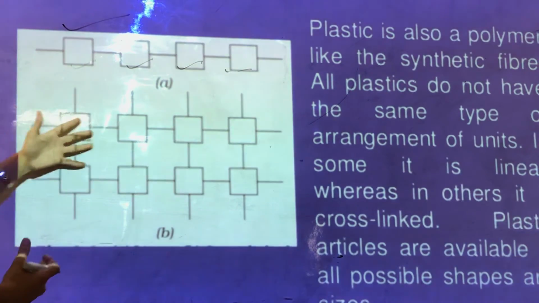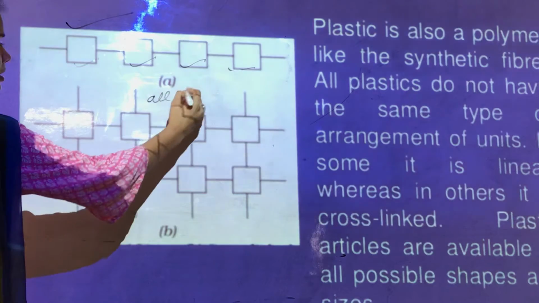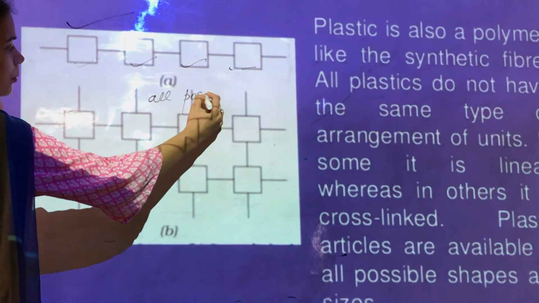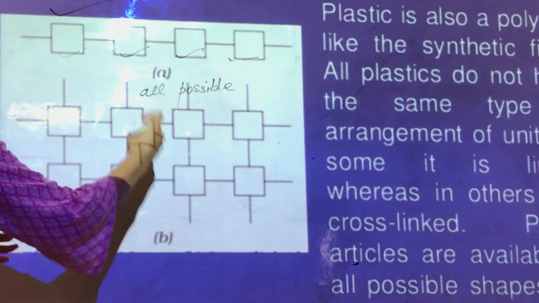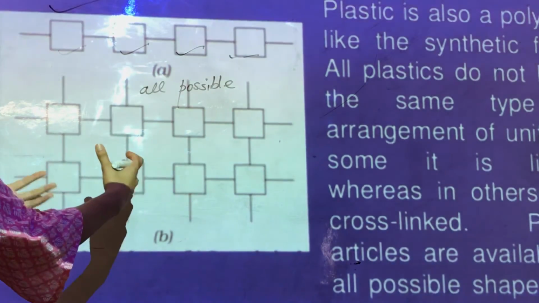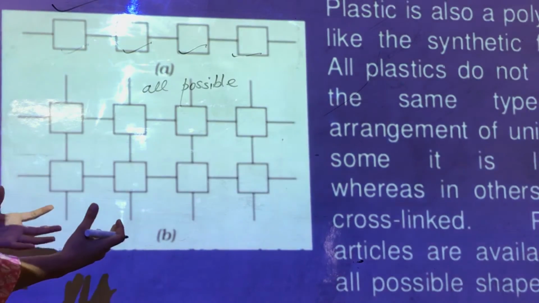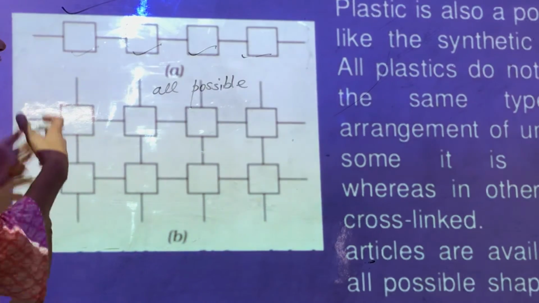Now you all know that plastic articles are available in all possible shapes. You play with toys, you use pen, chair, table, dustbins, even the smart board, the projector, the computers that you use at your home, the refrigerators, the washing machines, television.